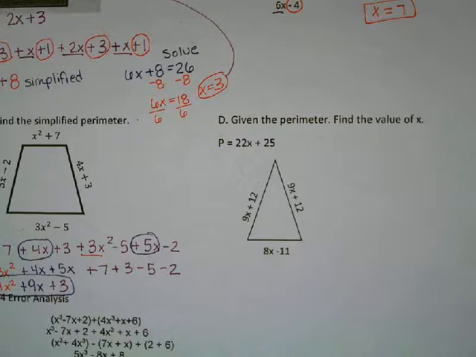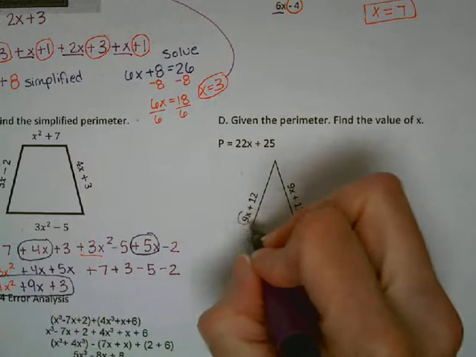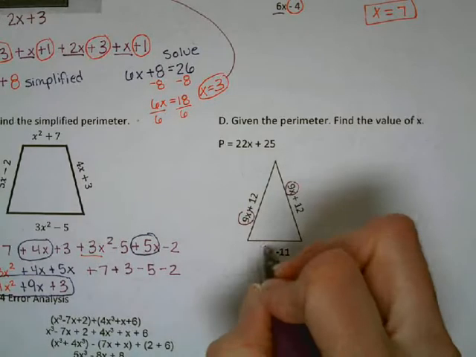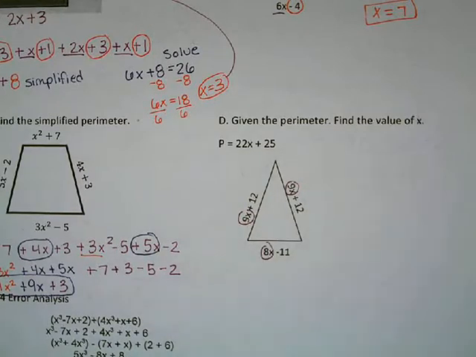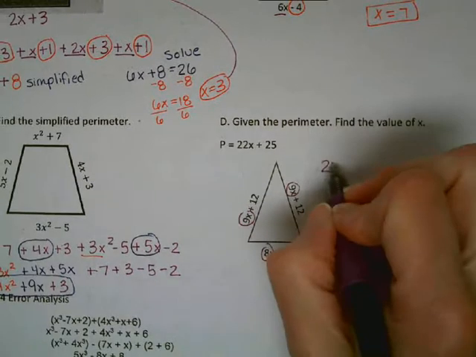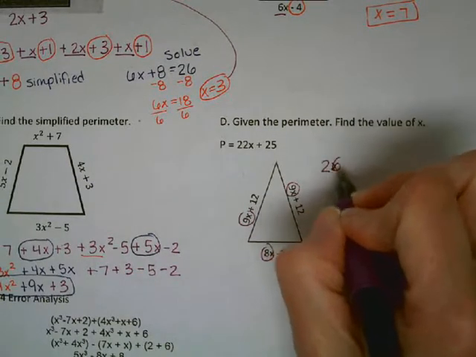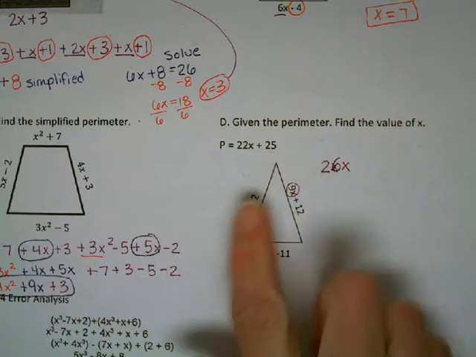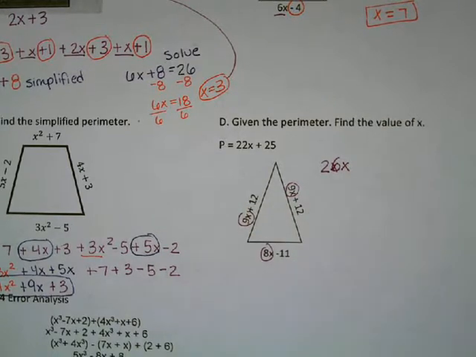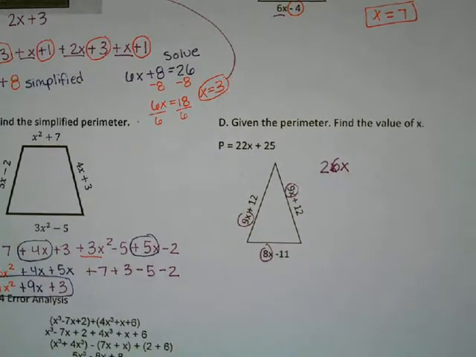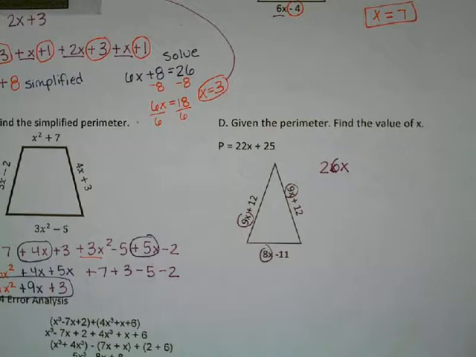So perimeter, if we add up all these 9x, 9x, and 8x. Let's add the x's. 9 plus 9 plus 8 is 26x. And if I add just the numbers that are left, 12 plus 12 minus 11, I could circle those.